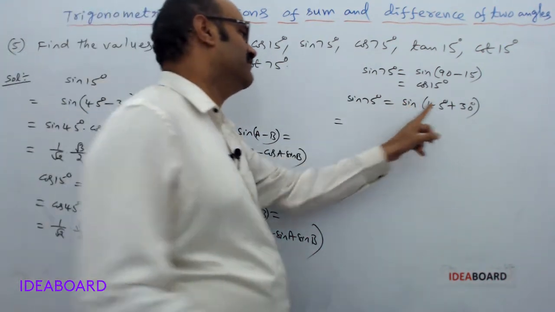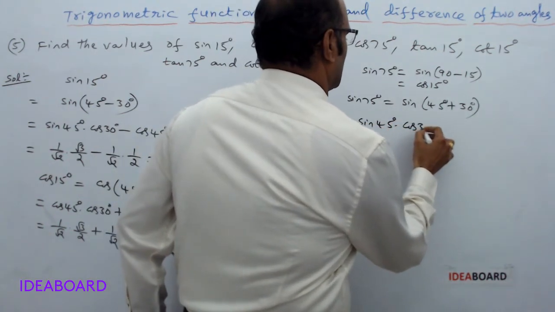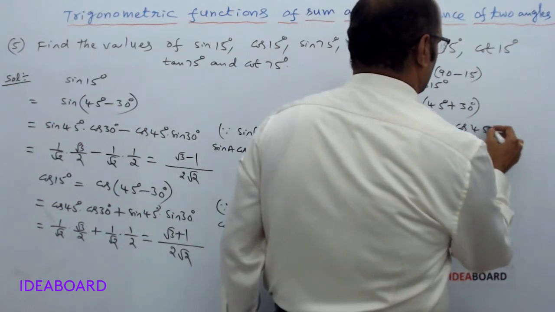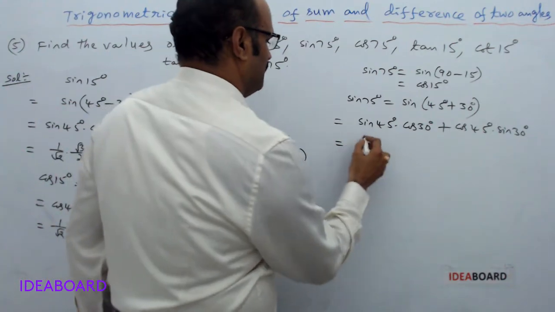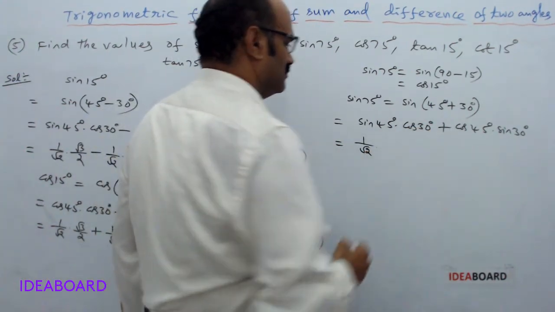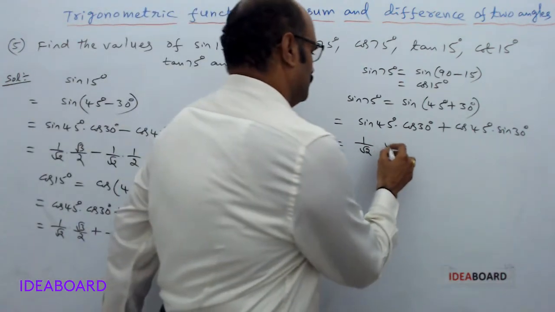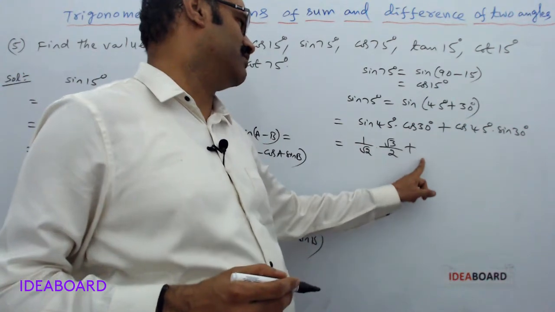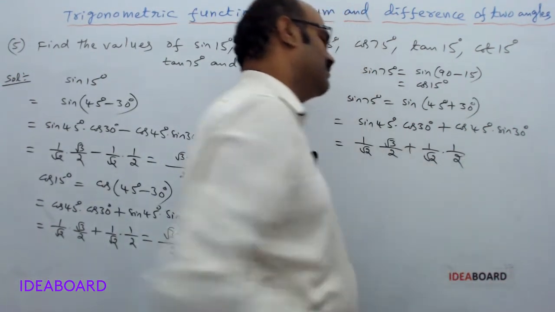Then we can write it as sin 45 into cos 30 degrees plus cos 45 degrees into sin 30 degrees. Sin 45 equal to 1 by root 2, the value of cos 30 equal to root 3 by 2, plus cos 45 equal to 1 by root 2, sin 30 equal to 1 by 2.